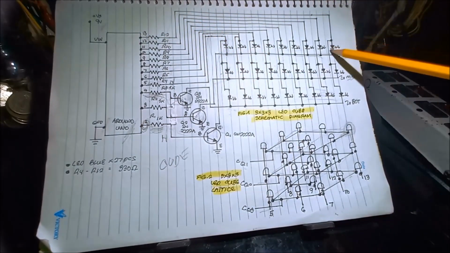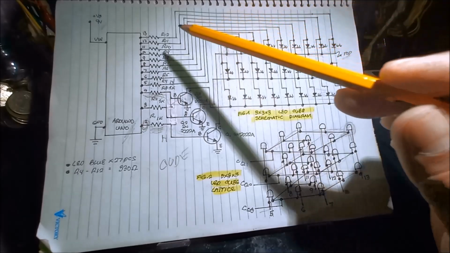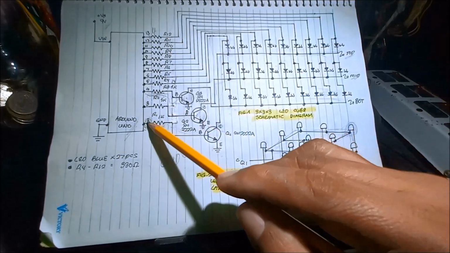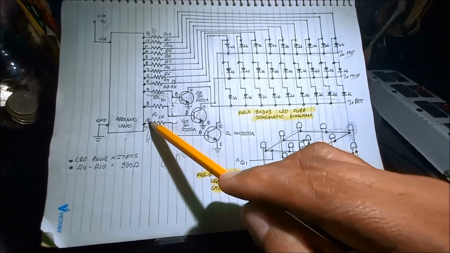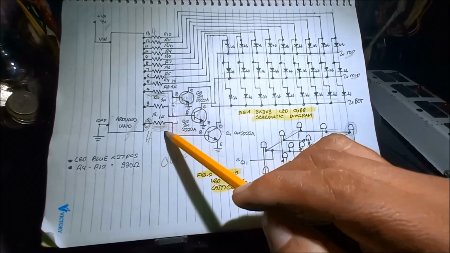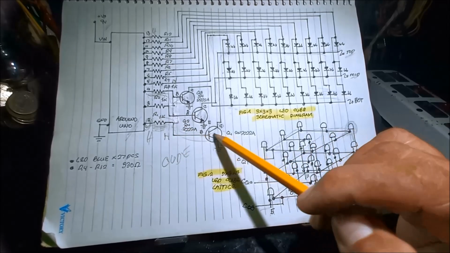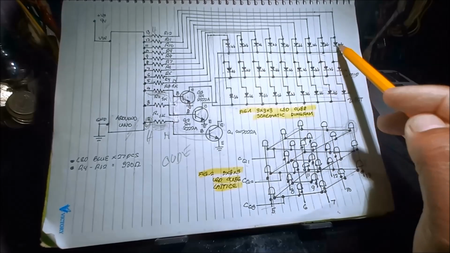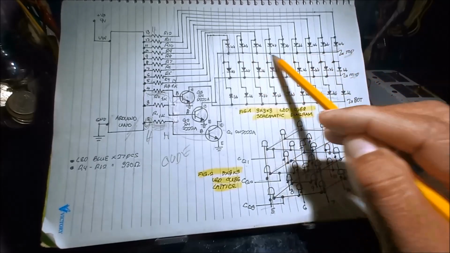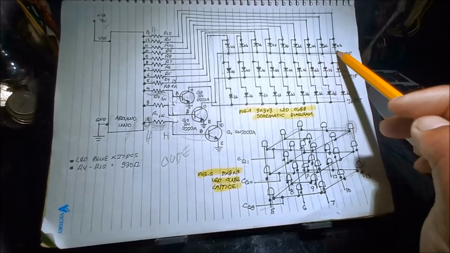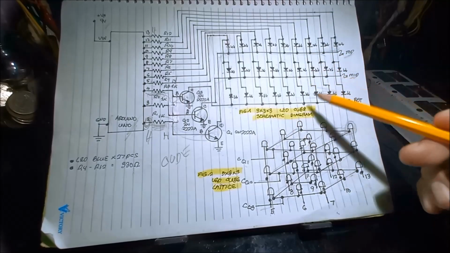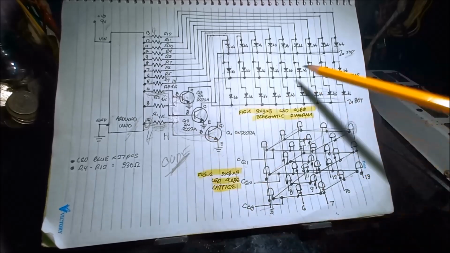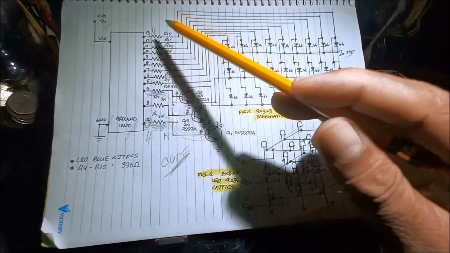To turn on this LED, we need to set 13 high and also pin number 2 high. So if it is high, it will inject a current here, forward biasing or switching on this transistor, and it will make this anode turn on or activate.